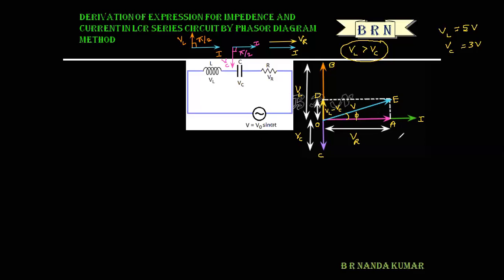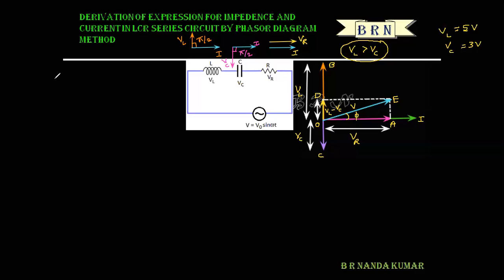So this is the phasor diagram of the LCR series circuit, and this diagram and arrow marks are very important. Now let us start the derivation.